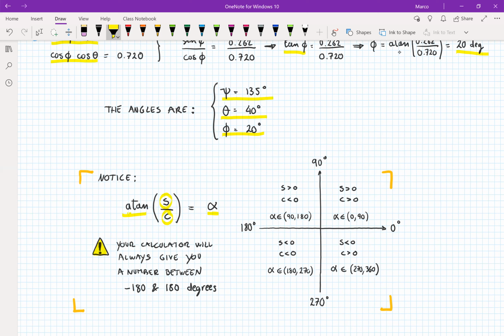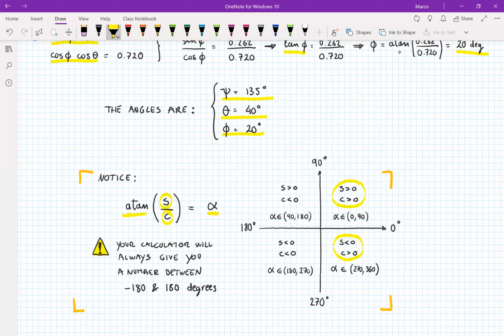Now, where is this angle? Well, it depends on the sign of S and C. If both S and C are positive, then we're going to have an angle in the first quadrant. So we have to expect a value of alpha between 0 and 90. If S is negative and C is positive, then we are in the fourth quadrant.